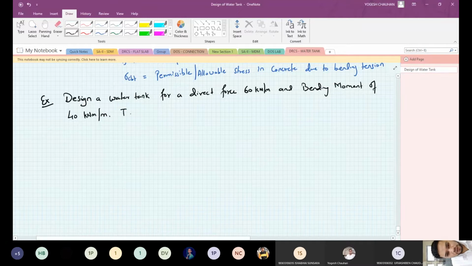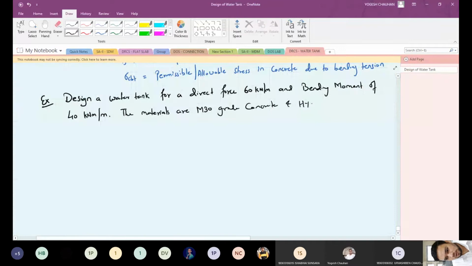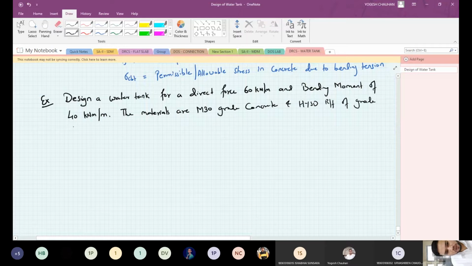The materials are M30 grade concrete and HYSD reinforcement of grade Fe 415.